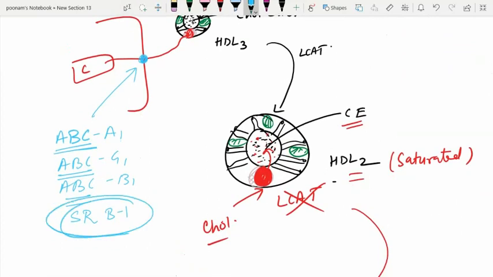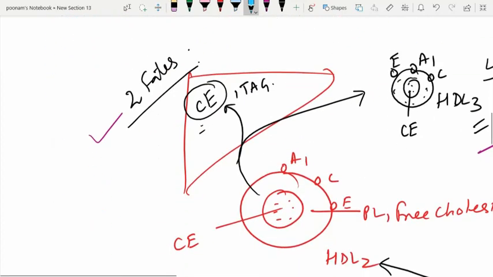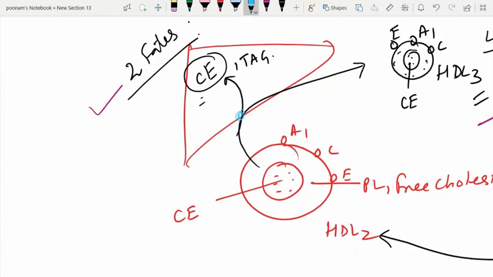This SRB1 is not only present at extrahepatic tissue, it is also found at the liver. When the cholesterol ester needs to be delivered to the liver, that time SRB1 plays a role. So SRB1 is found on hepatic as well as extrahepatic cells, and it has got a dual role in HDL metabolism. At the liver surface, from the lipoprotein, it is delivering the predominant cholesterol ester to the hepatic tissues.